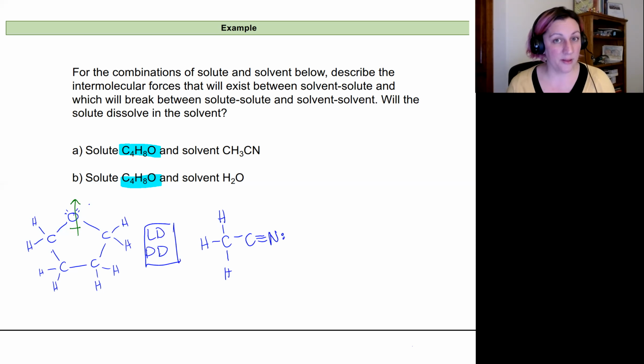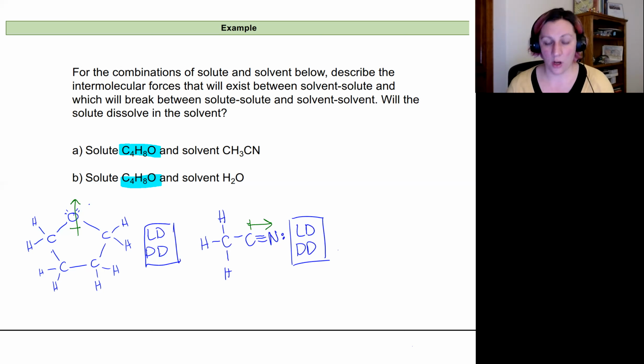This is another one that is polar. It's not a huge dipole moment, just along this carbon-nitrogen bond right here. So we'll see London dispersion forces and dipole-dipole interactions. Neither of these has the ability to hydrogen bond, because in neither molecule is there an oxygen-hydrogen, nitrogen-hydrogen, or fluorine-hydrogen bond.